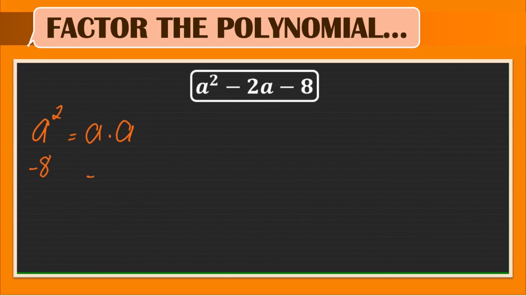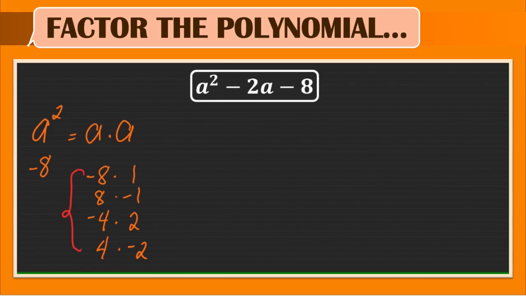So we can have negative 8 times 1, positive 8 times negative 1, negative 4 times 2, and positive 4 times negative 2. So let's try to sum up each factor pair.